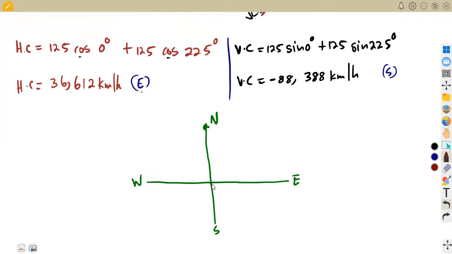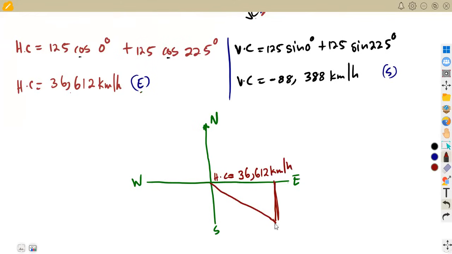So you have to consider the sign that you are obtaining, or which side it is. I talk about the east and the south. This is our horizontal component here, and even the sign is not important, so you can just write the value as it is, 36.612 kilometers per hour.